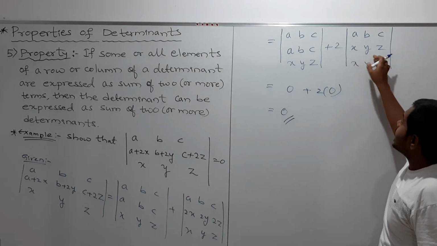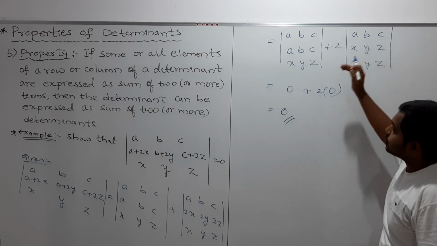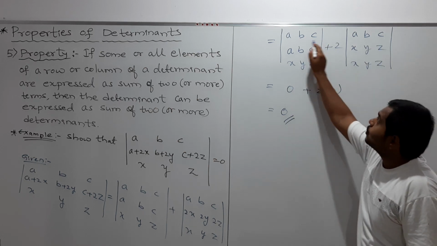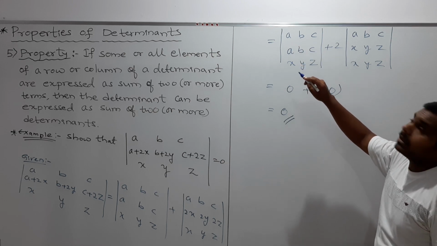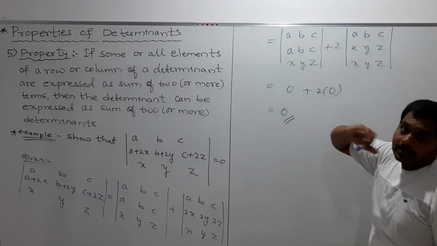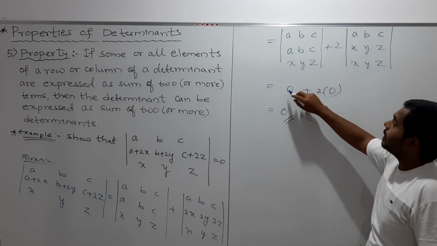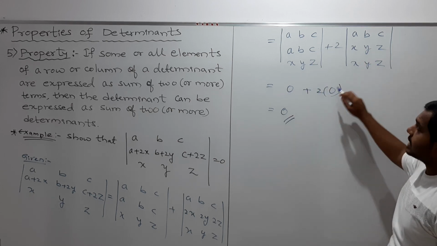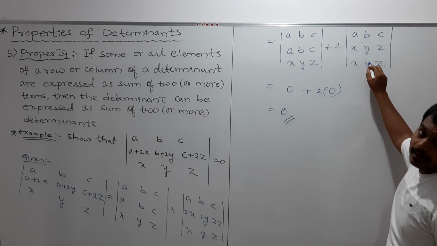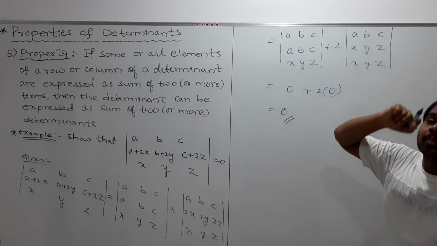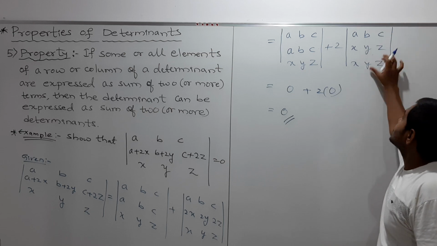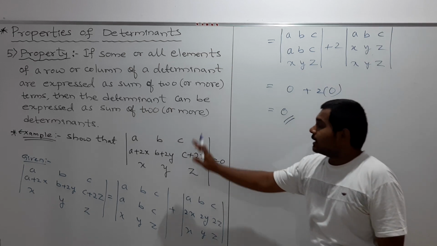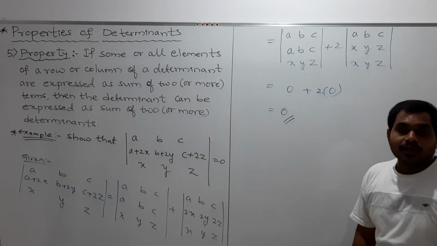After this step, the determinant value of this is 0 because the first row and second row elements are identical. Similarly here also the third row and second row elements are identical, so this value is also 0. So 0 plus 0 is equal to 0, so the determinant of this is equal to 0.